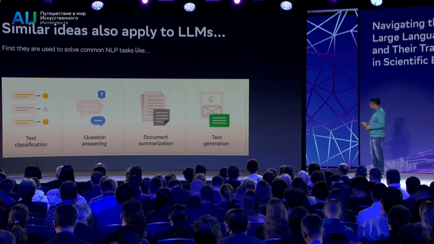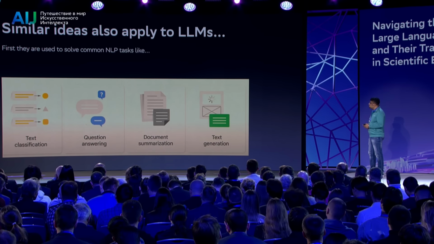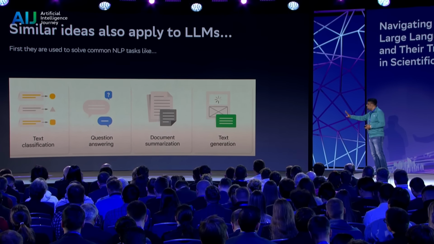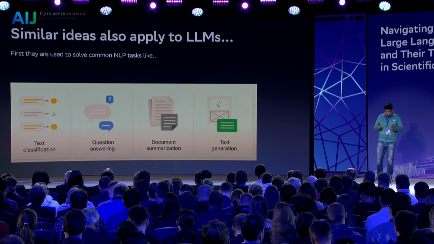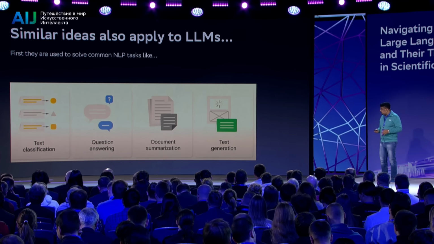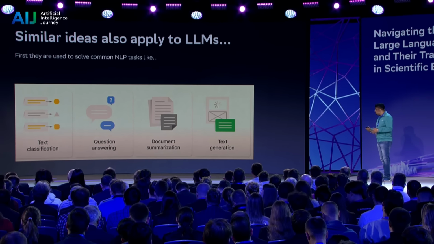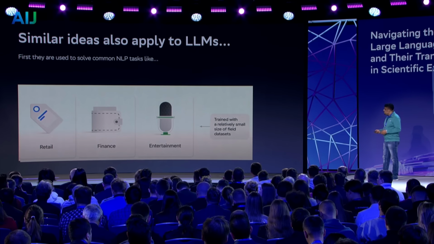That is a kind of fine-tuning of a language model. First, the language model is trained to solve diverse common NLP tasks, like classification of each sentence, sentiment analysis, question answering, summarization of a big paragraph, text generation, and so on.